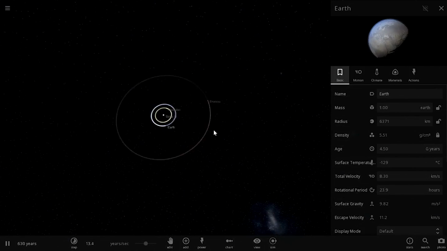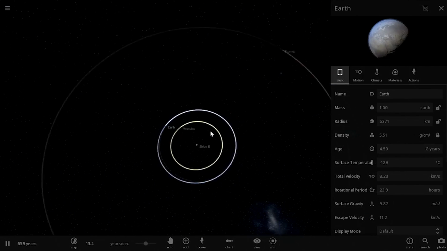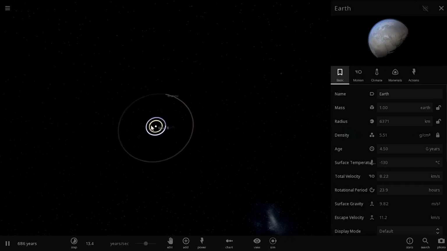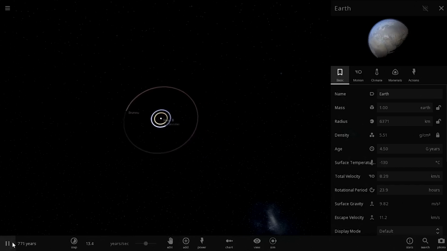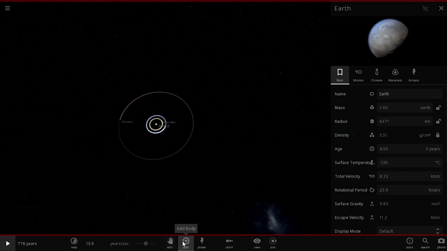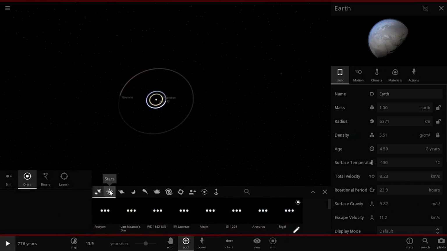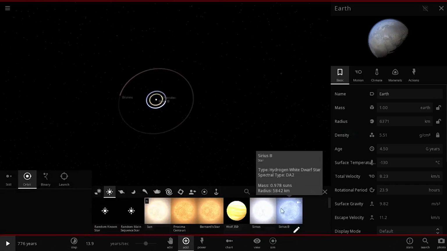Okay, so there's that. Now I'm going to try and have another system that is binary to this one. So I'm just going to pause that, and it's going to be the exact same star, with the same Teslas, the same everything. Yeah, it's a white dwarf star, so again, it's got a mass close to that of our sun, but its energy emission is quite poor.